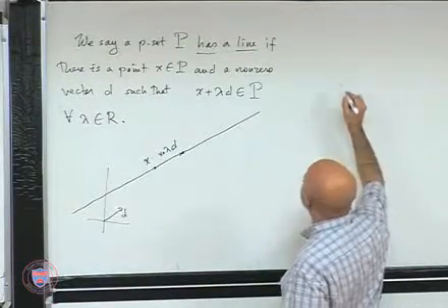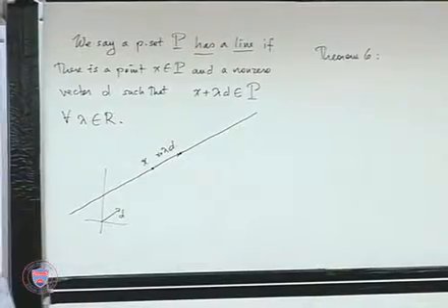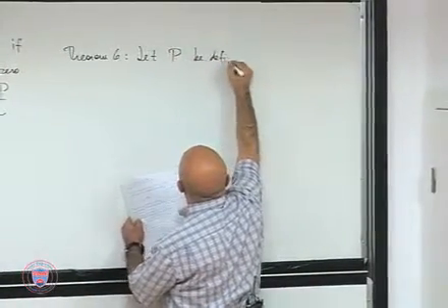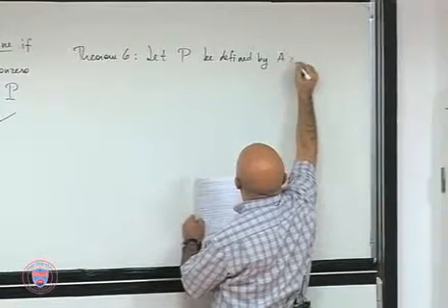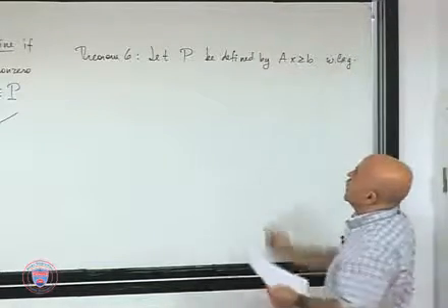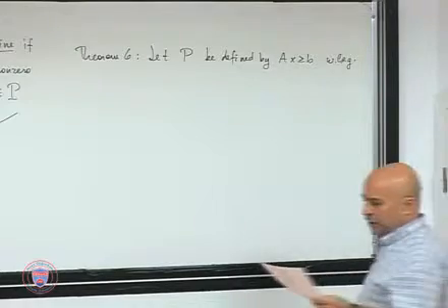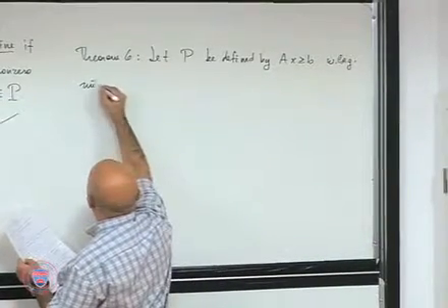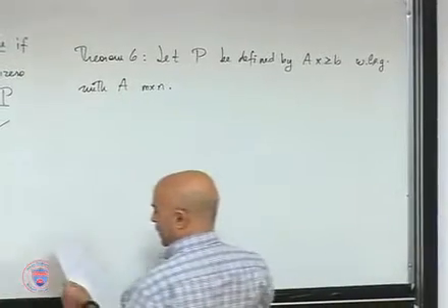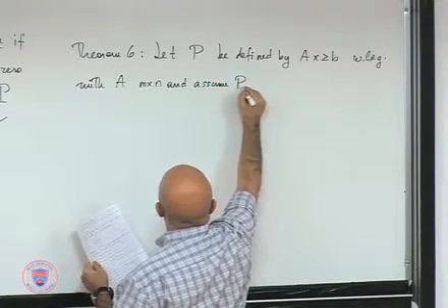So here's the theorem. Number 6. Let the polyhedral set P be defined by AX greater than or equal to B, without loss of generality, with A being m by n, and assume that P is non-empty.